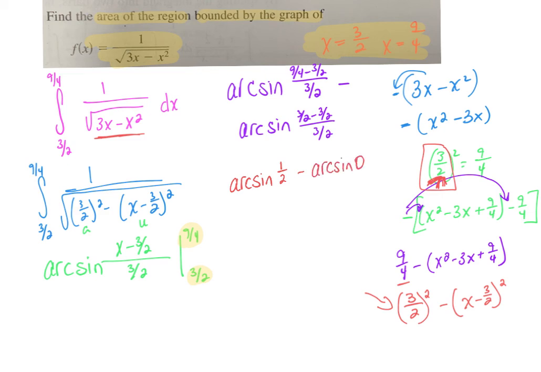Arc sine of 1/2, right? That's a 30-degree angle, so that's pi over 6. Pi over 6 gives you a sine of 1/2. So we have pi over 6. Sine of 0 degrees gives you 0, and 0 radians gives you a 0 sine. So we have 0. So your final answer here is pi over 6.